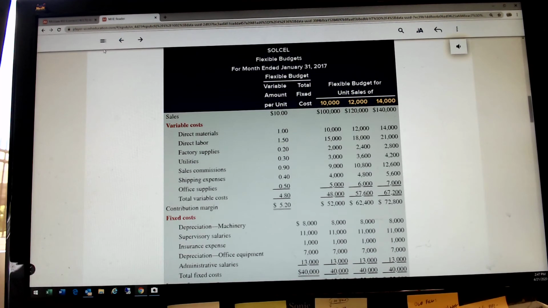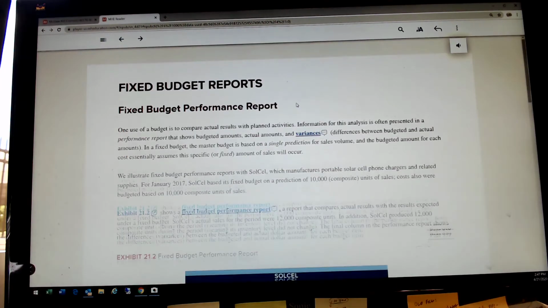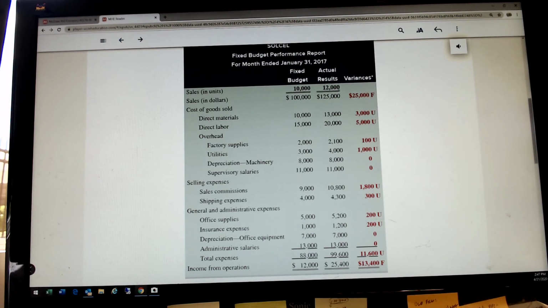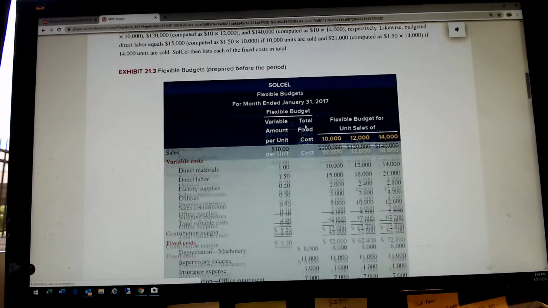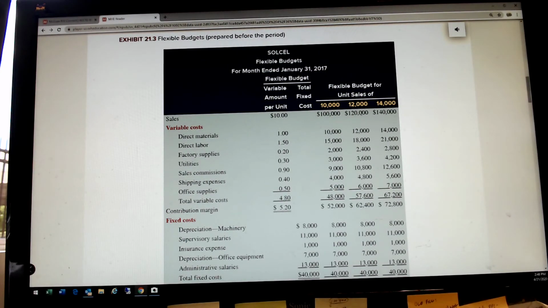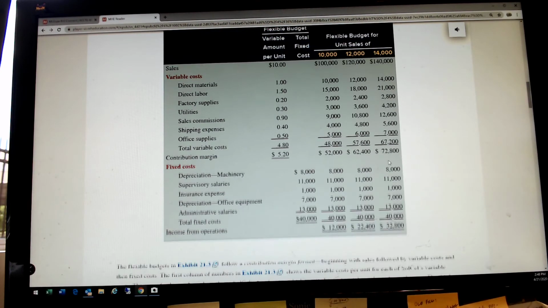Now recall where we were. What we actually attained was we sold 12,000 units, and these were my actual sales and my actual costs. What should I be comparing these to find out how I did? I should be comparing them to this column, the 12,000 unit column. So let's do that.